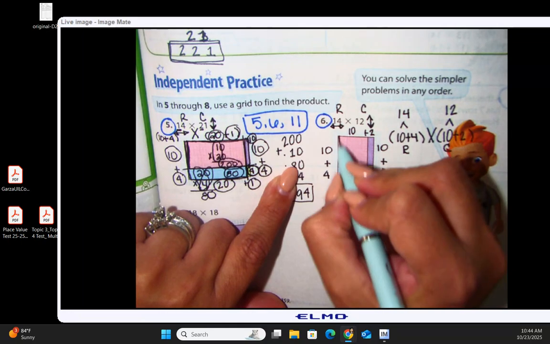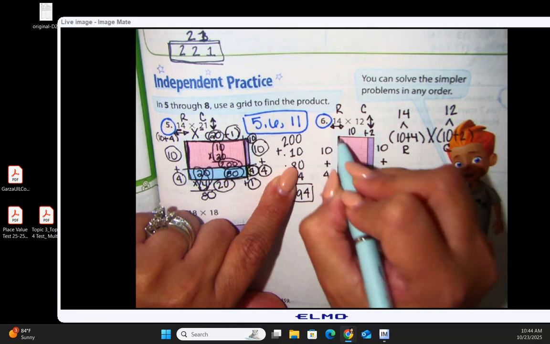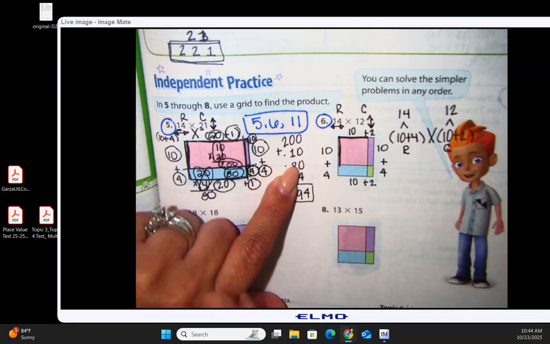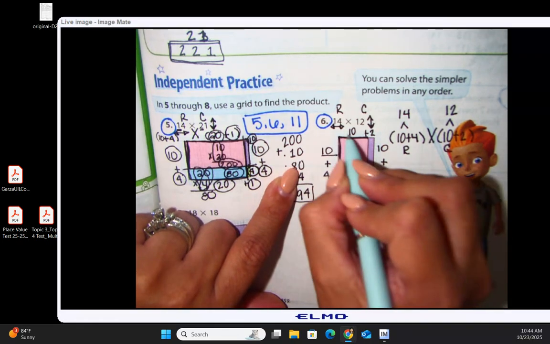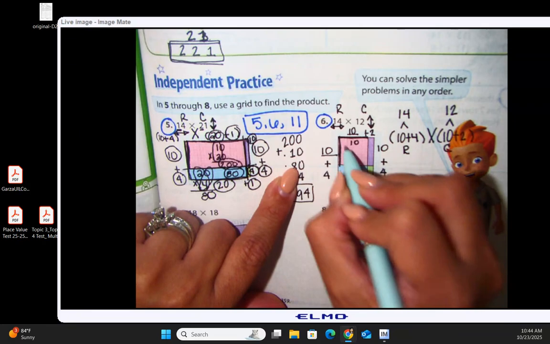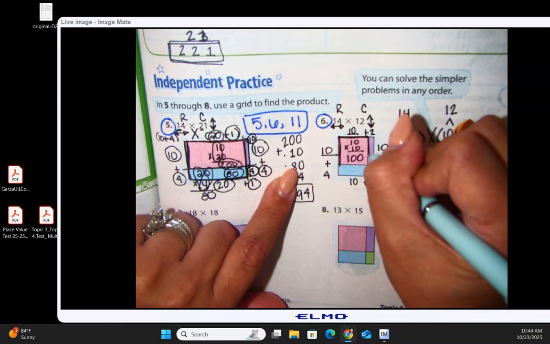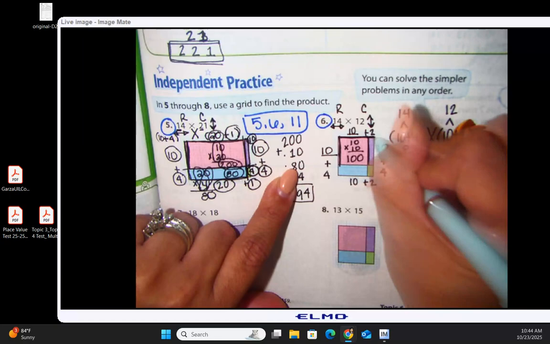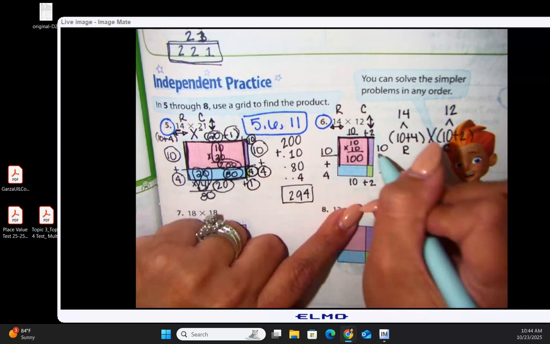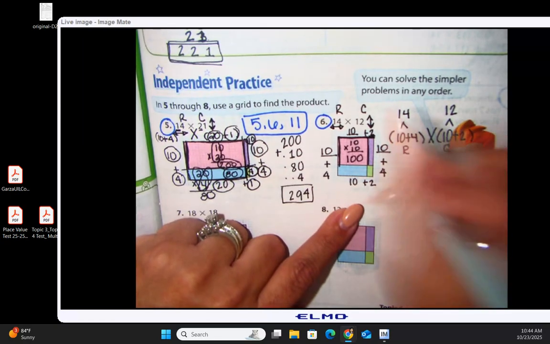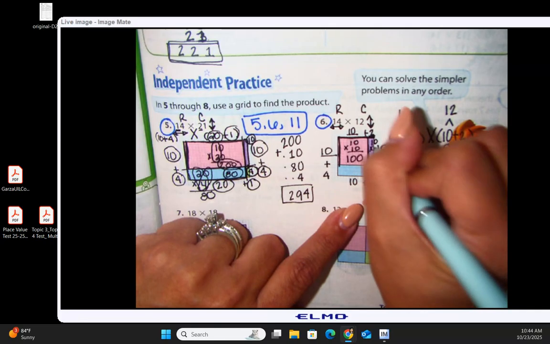I'm going to find the area of this figure right here. What am I going to multiply? 10 times 10. And if I were to count this, I could see that this is a 100 flat. Now I want to find the area of this figure. What am I going to multiply? 10 times 2, which is 20.